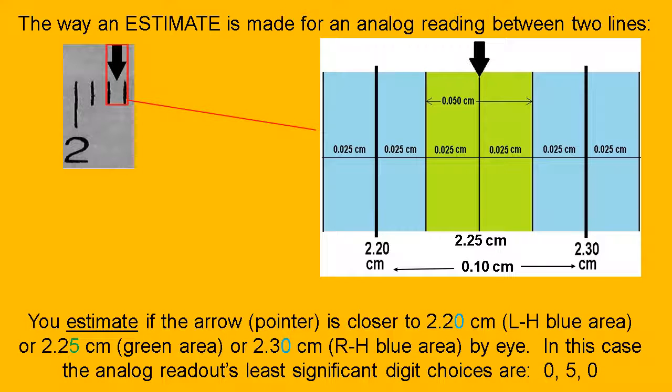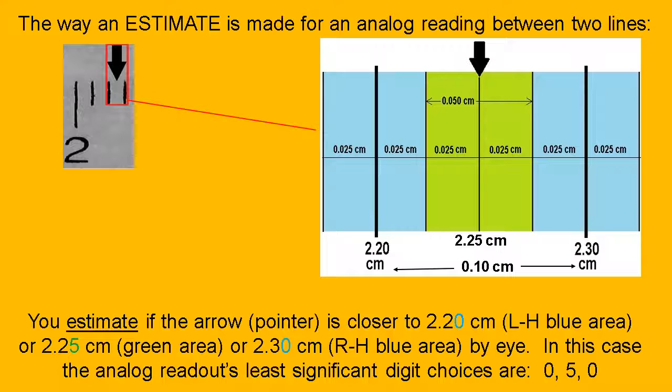You estimate if the arrow is closer to either the left hand or the center or the right hand division line by eye. In this case, the analog readout's least significant digit choices would be 0, 5, and 0.